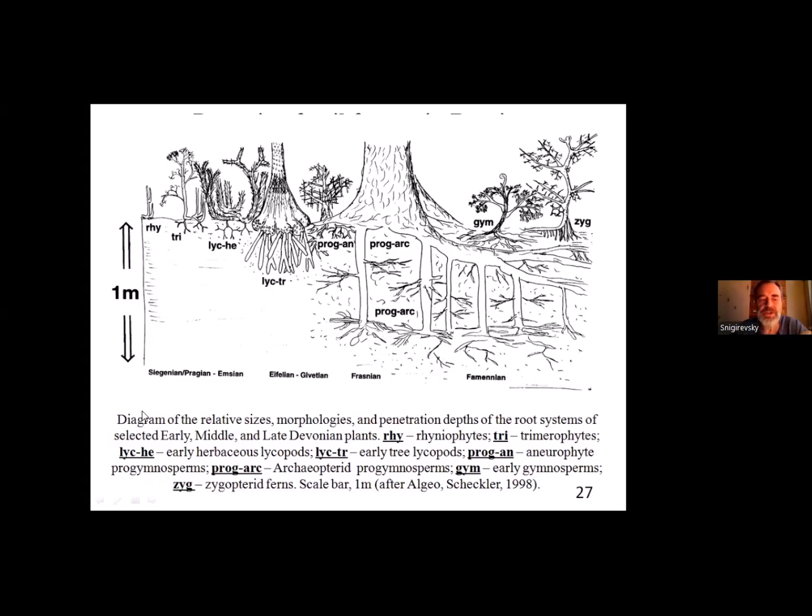So here's a very good diagram of the relative size of penetration depth in root systems. We talk about the Givetian, Frasnian and Famennian part of this diagram.